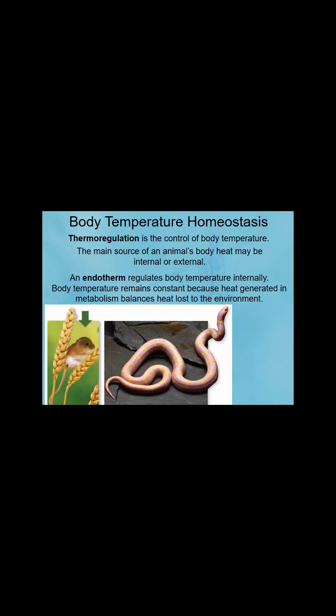And it can balance out heat loss, as if you're walking around outside and you get cold, your body will shiver. Basically, it'll take the muscle fibers and rub them together very rapidly to generate friction and heat. And endotherms are the most advanced forms of animals.